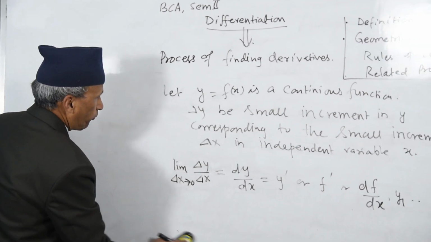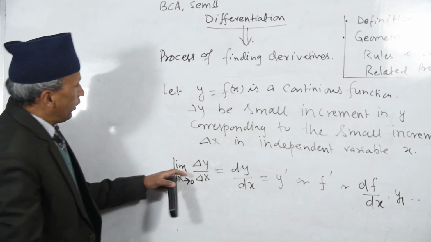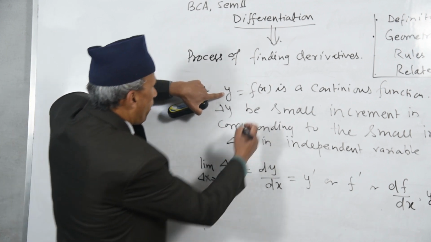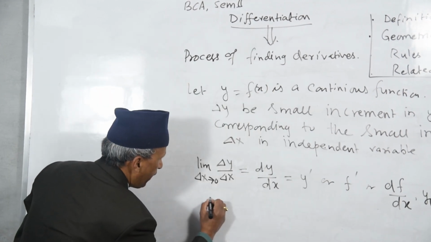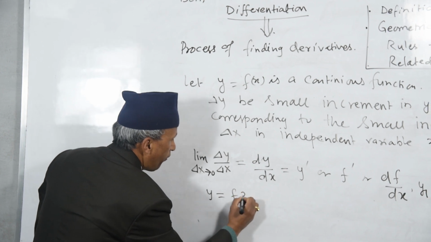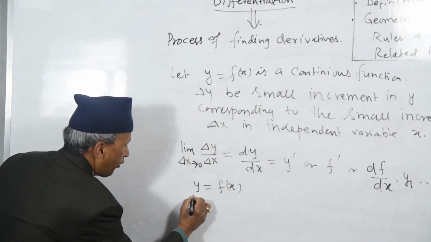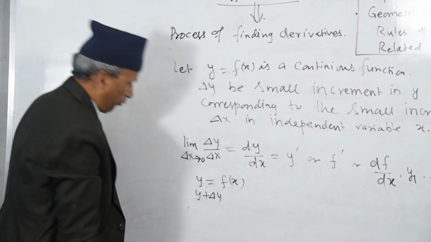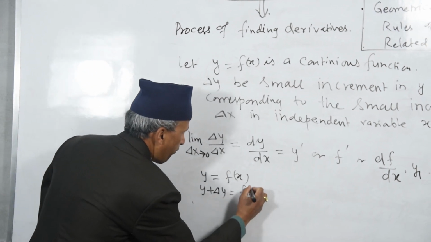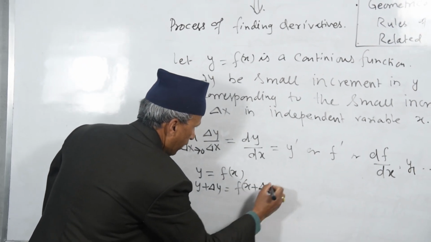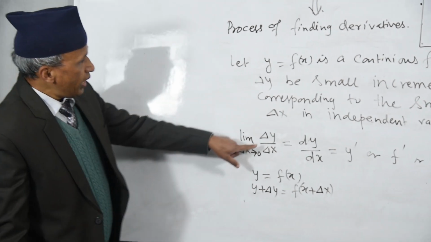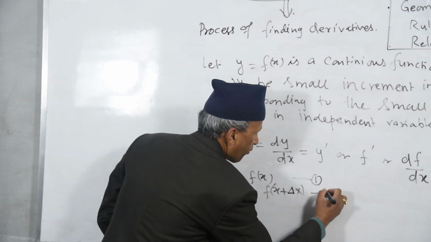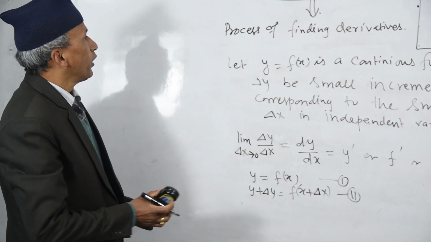Here you can find delta y from this function. Suppose y is given as f of x. Then y plus delta y is equal to f of x plus delta x. To find delta y, you have to subtract equation 1 from equation 2.